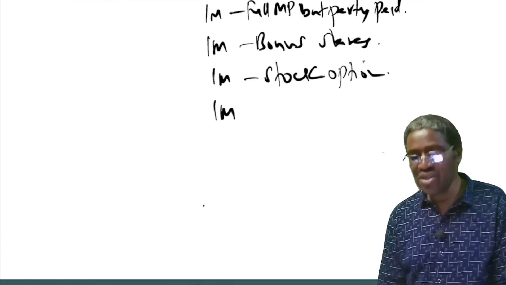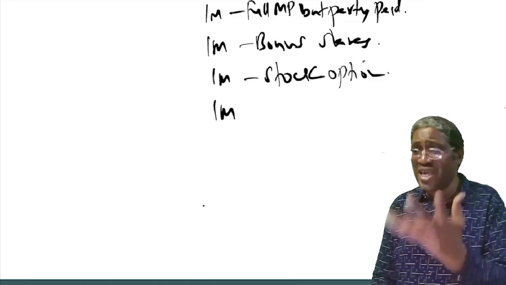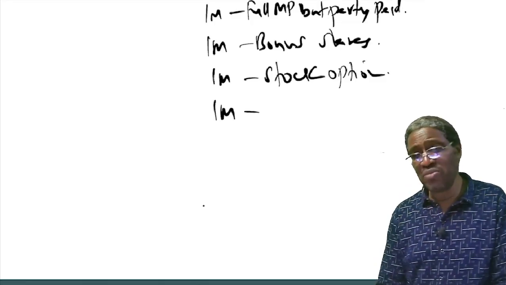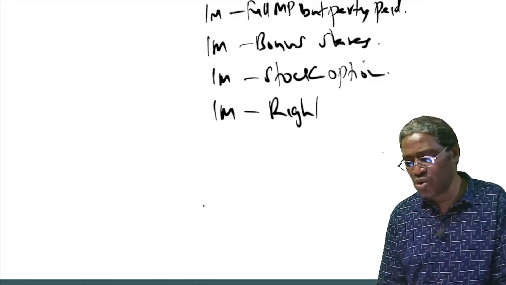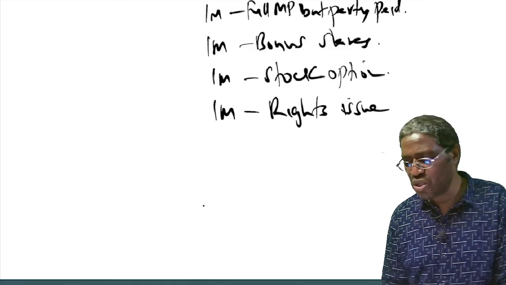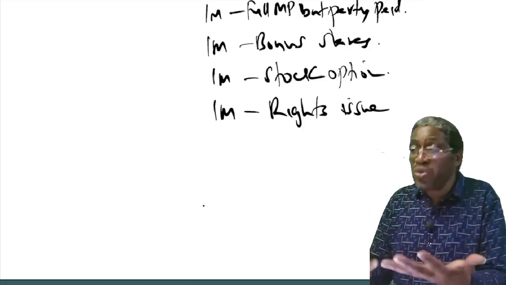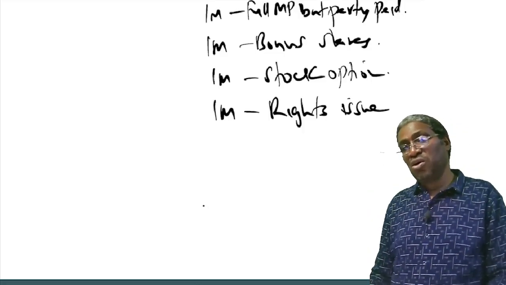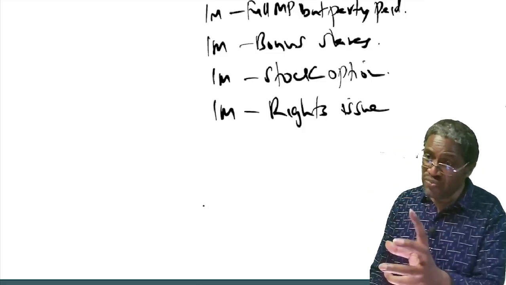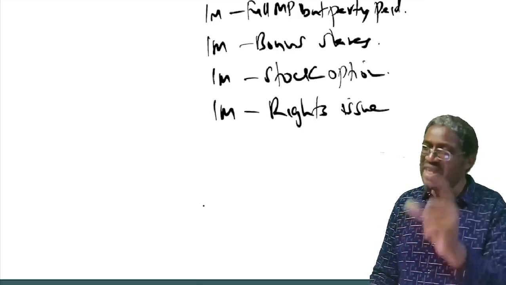Another circumstance, suppose on 1st of July again, your company issued 1 million shares as a result of a rights issue. How do you compute the weighted average number of shares? Of course, a rights issue again is a privilege.